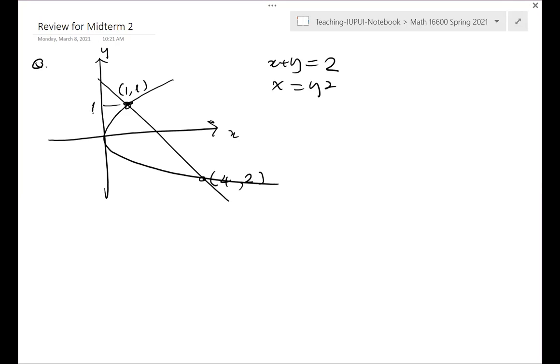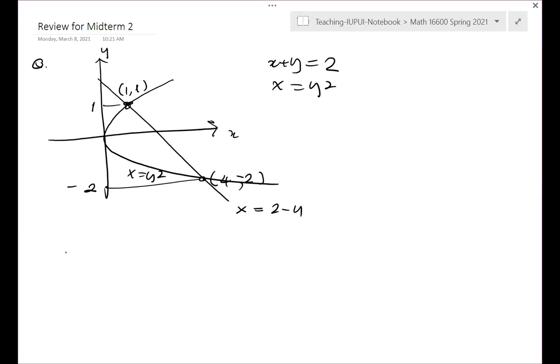Okay, so this is a 1, this is a -2. Okay, so write down two formulas: x equals 2 minus y, and x equals y squared. The top function will be 2 minus y, and the bottom function y squared.